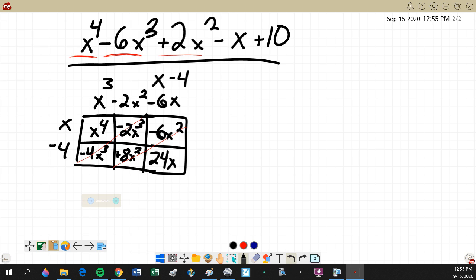Have I finished the numerator? No, so I add a column. These two need to add up to be negative 1. Minus 25x. So I pull out an x.